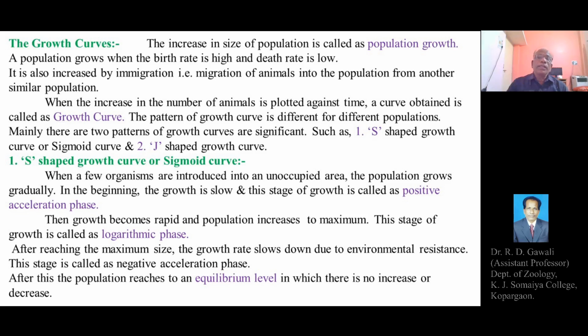When a few organisms are introduced into an unoccupied area, an area which is free from species or animals, and it is acquired by the new organisms which are few in number, the population grows gradually.